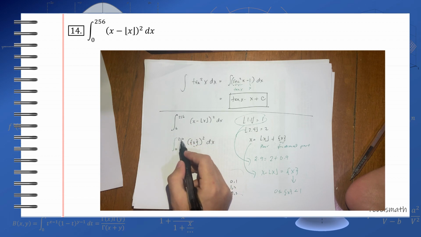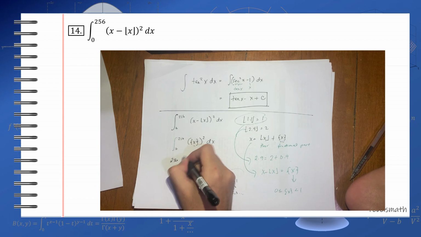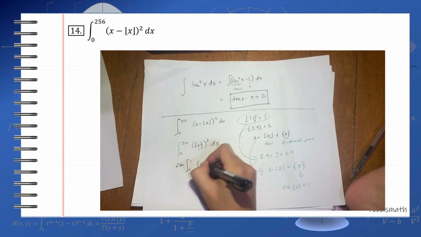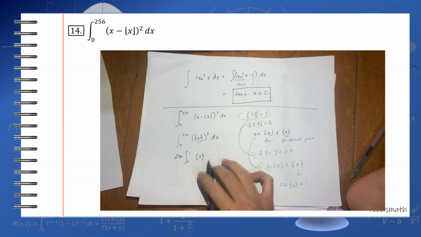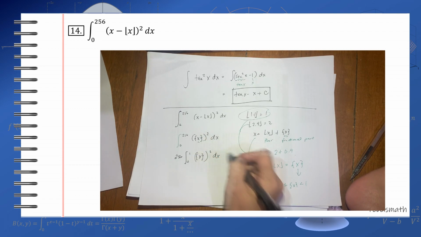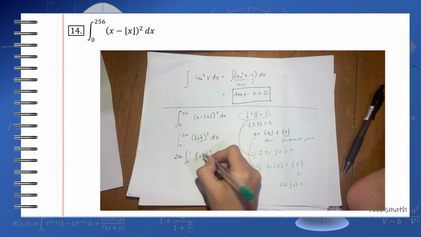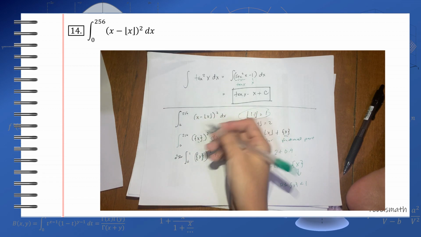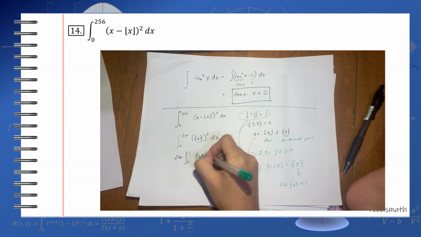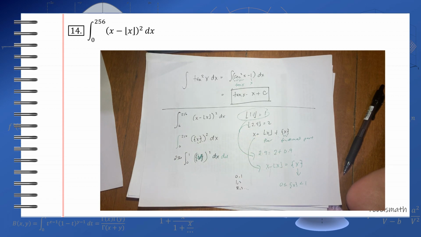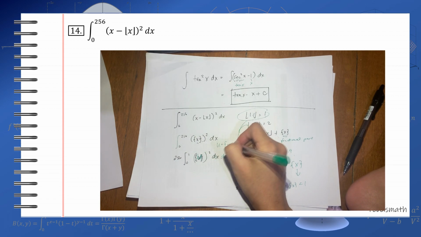So we can write this as 256 times the integral from 0 to 1 of the fractional part squared. Actually, sorry, let me make this another variable. Let's say it's u, du, where u is the fractional part of x.